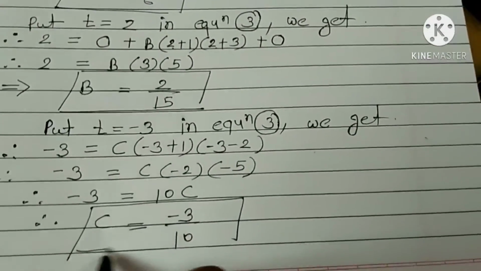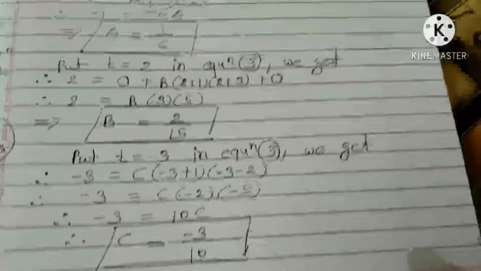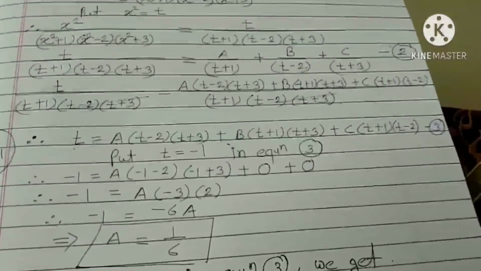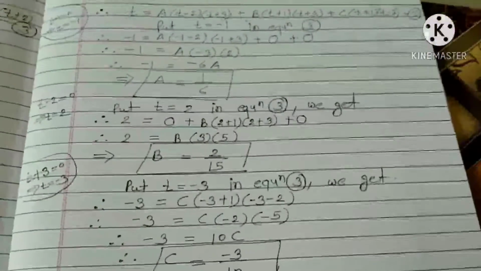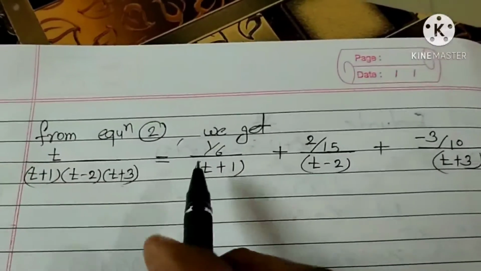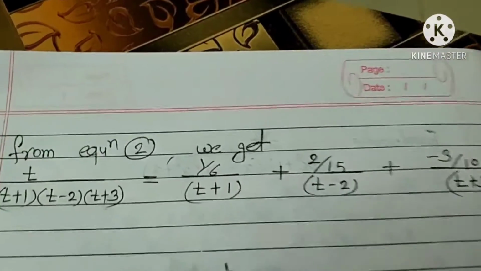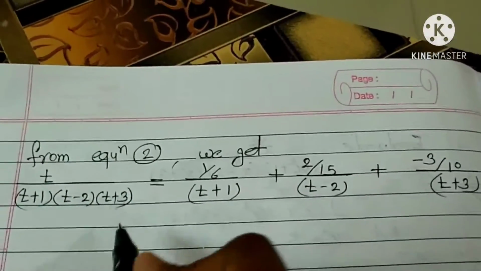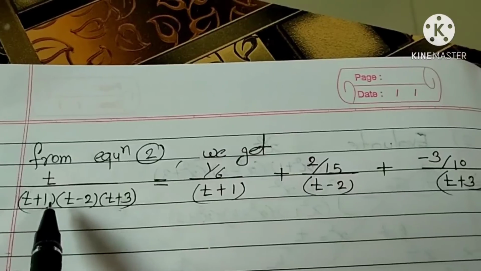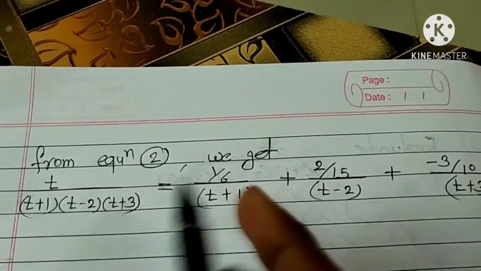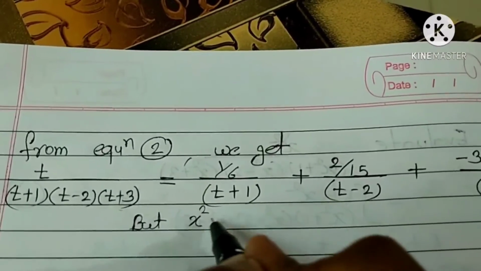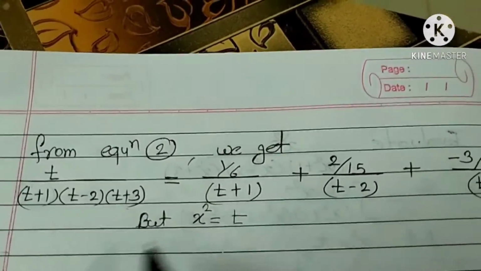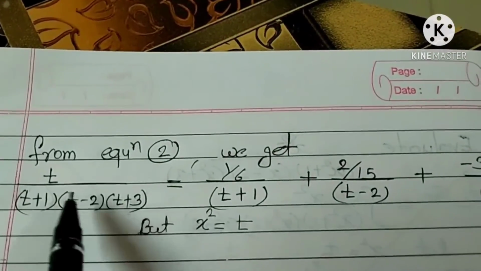So here we get our 3 unknowns. Now put those 3 unknowns in equation 2. From equation 2 we get this term, but we know that we put x square is equal to t. So put here x square instead of t.